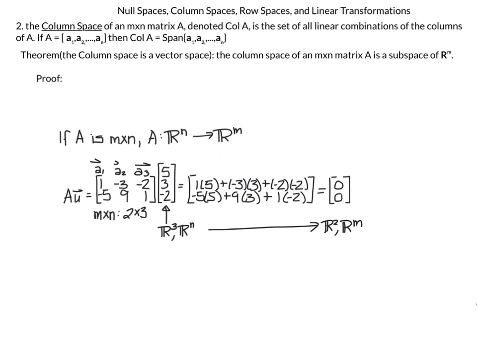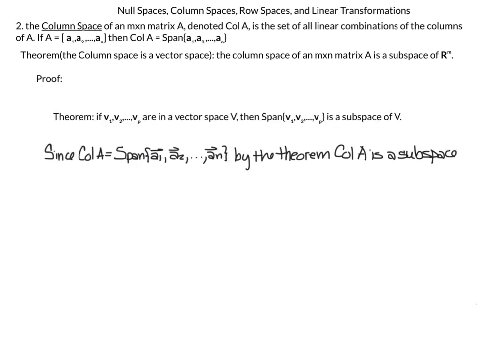If it's a linear combination, you can see that it's going to be, how many rows? 2 by 1, and a 2 by 1, and a 2 by 1. So we're going to be in R2 at the end once we add everything up. It's going to be 2 rows, 1 column. So in other words, the column space is a subspace of Rm. That's important. It's different from the null space.